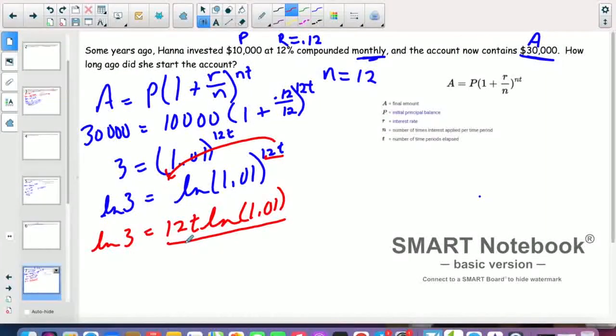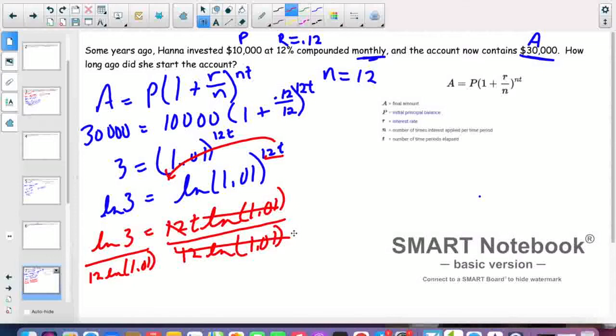So I'm going to divide by everything that's not t on both sides. So this would be 12 natural log 1.01. I'm dividing by that on that side, and on this side, I'm going to do the same thing. So when I do that, over here, the 12 natural log of 1.01 cancels, and I'm left with t.